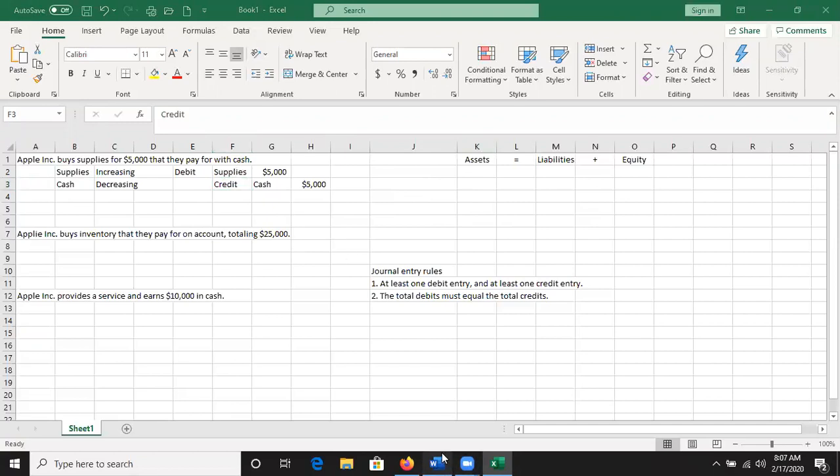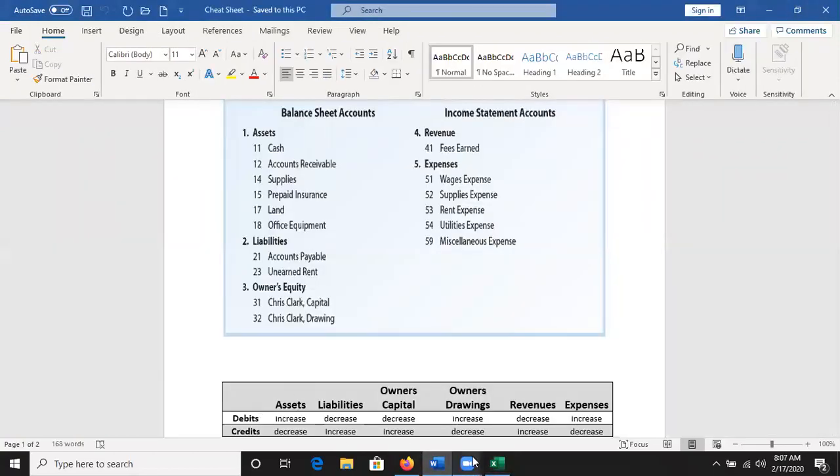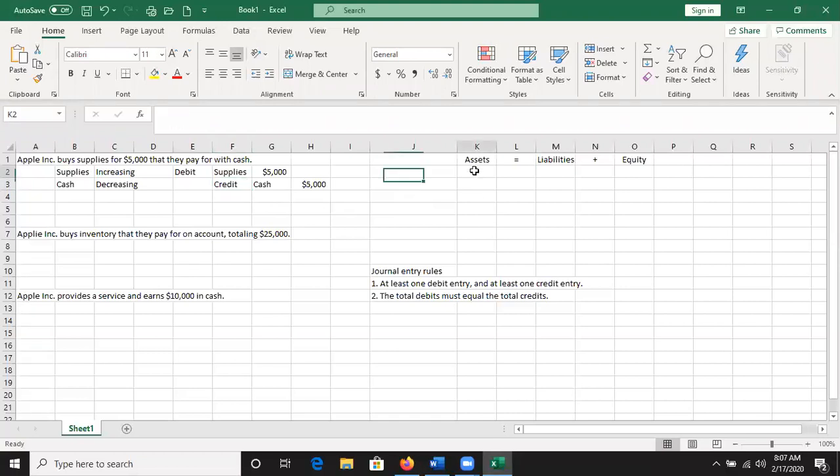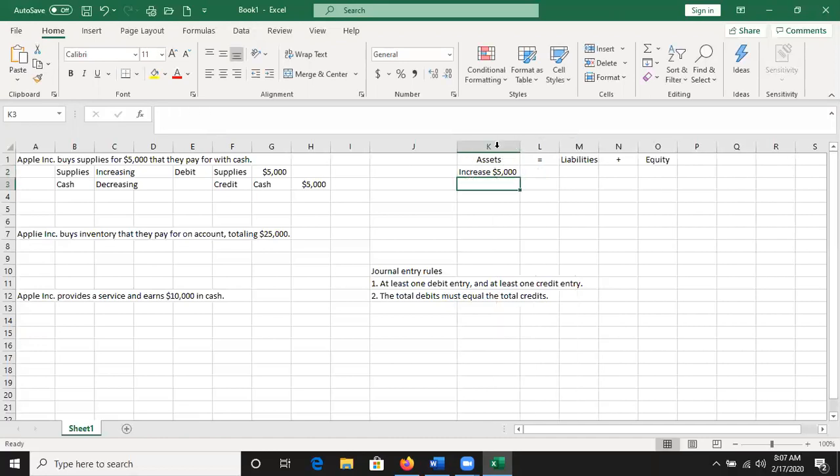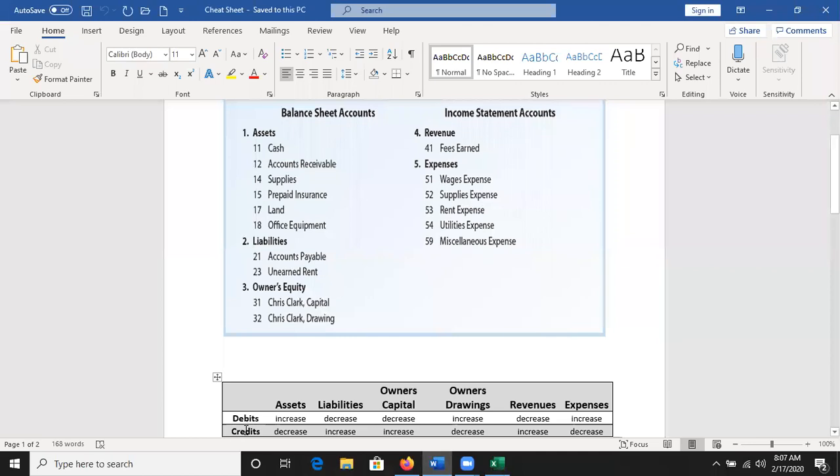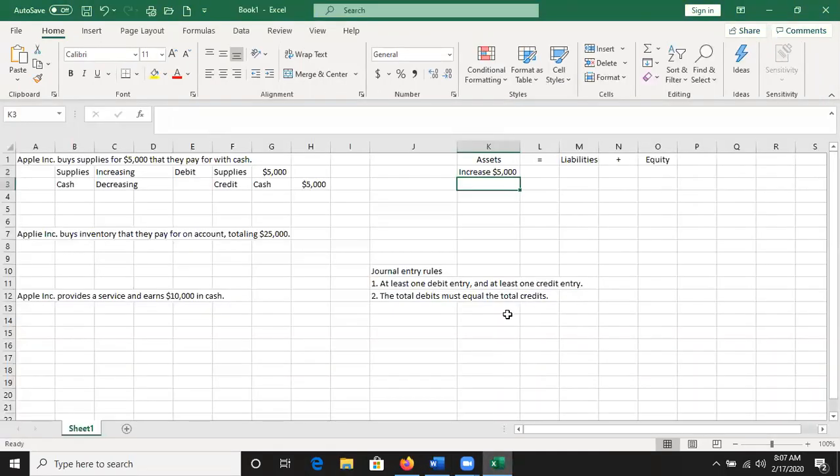Back to the cheat sheet. When an asset is debited, it's increasing. So we debited supplies, so we're going to increase assets by 5,000. But we credited cash. Cash is an asset. When you credit cash, which is an asset, you decrease the account. So it's going to decrease 5,000.